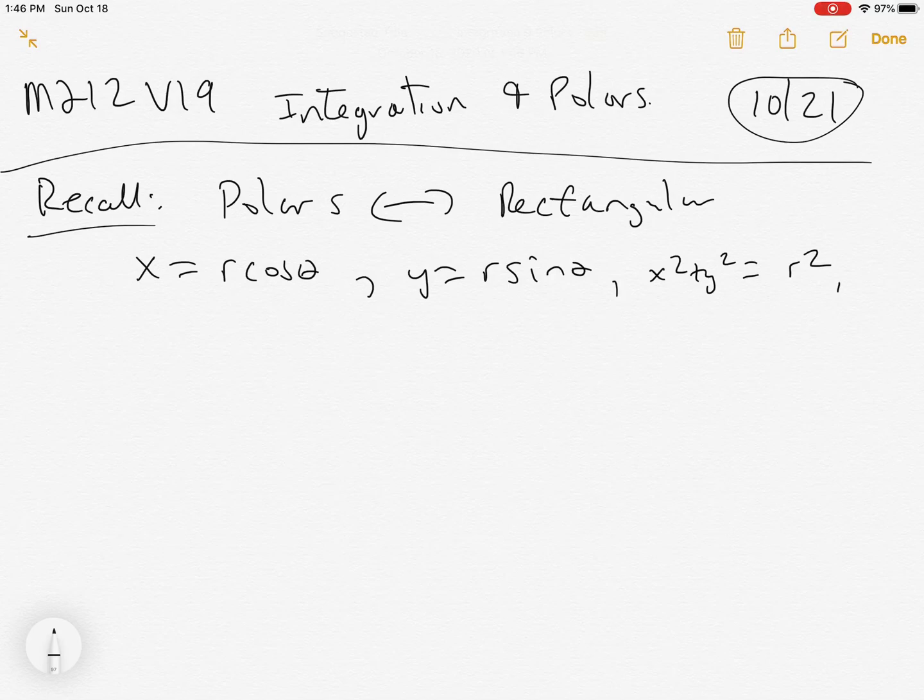And then what? y over x equals tan theta. Is that right? Yeah.